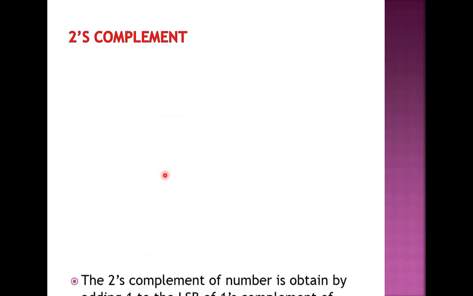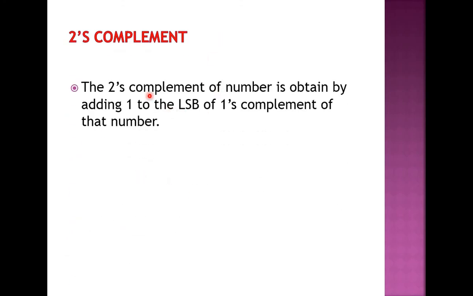So now we focus on 2's complement. What does 2's complement mean? The 2's complement of a number is obtained by adding 1 to the LSB of the 1's complement of that number. We already studied the 1's complement, and to that result we have to add 1 at the LSB. So here we take one number, 1101.